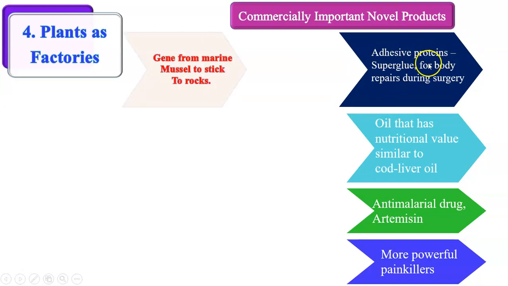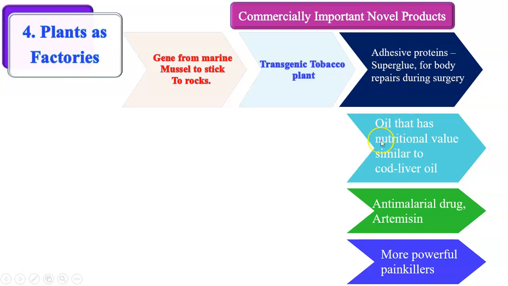For production of adhesive protein, which is used as superglue, a gene from marine mussel is used. This gene helps that animal to stick to rocks, and this gene is introduced into tobacco plant to produce transgenic tobacco, and from that tobacco plant we can extract this adhesive protein.